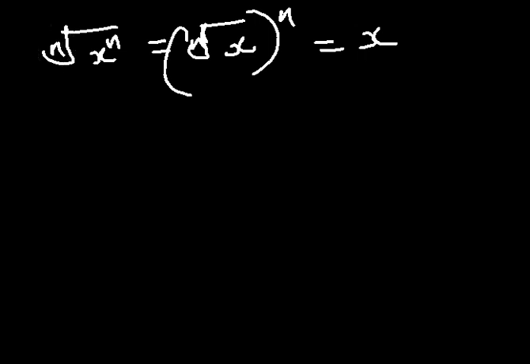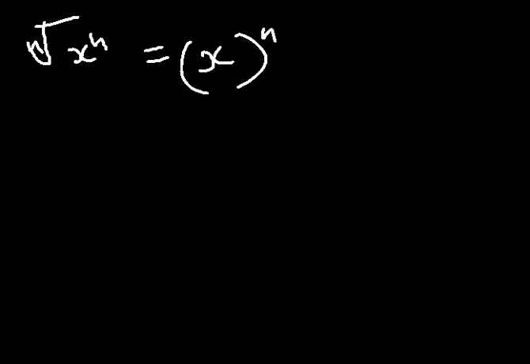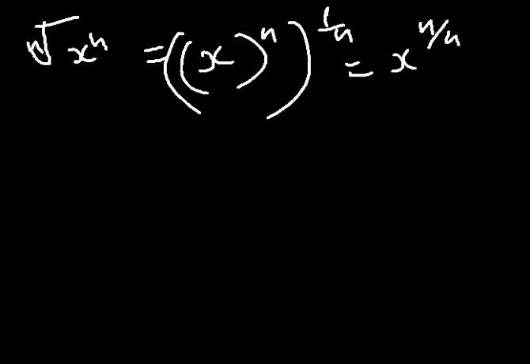The principle behind it says that if the value of the root is the same as the power of x, we'll have the value of x. You can depict it from the laws of indices: the nth root of x to the power n is the same as x to the power n in the overall terms 1 over n. This is the same as x to the power n over n. We cancel this to have x.